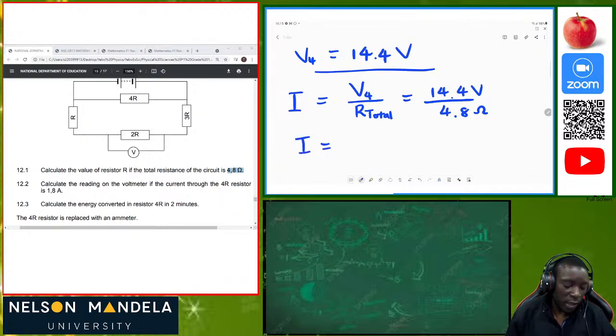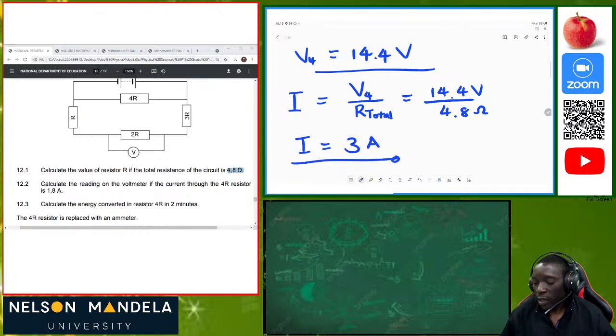So that should give us I, and this is 3 amps. So we have a current of 3 amps.